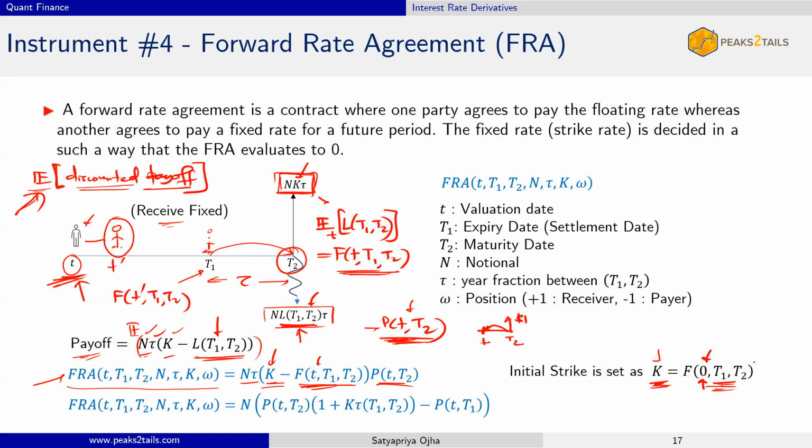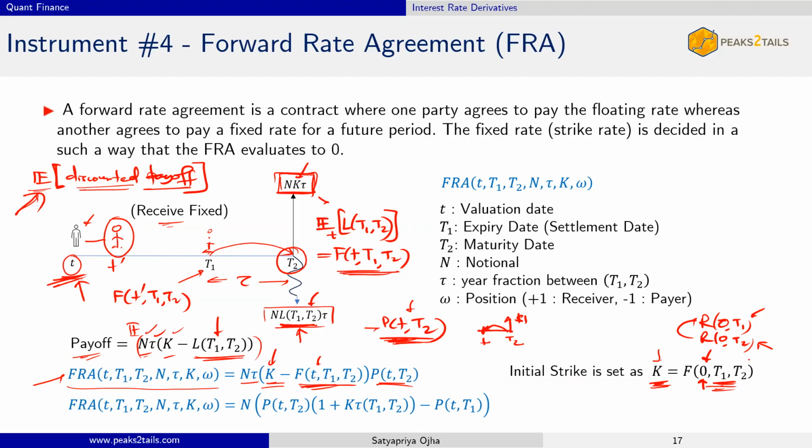That's the K. And you know how to calculate the forward rate, right? Given the yield curve, you need two spot rates, R(0,T1) and R(0,T2). In between these two spot rates, you can calculate the forward rate using the formula that we developed. And that's K. However, do not forget, if you are using continuous compounding, you'll get the answer in continuous compounding.